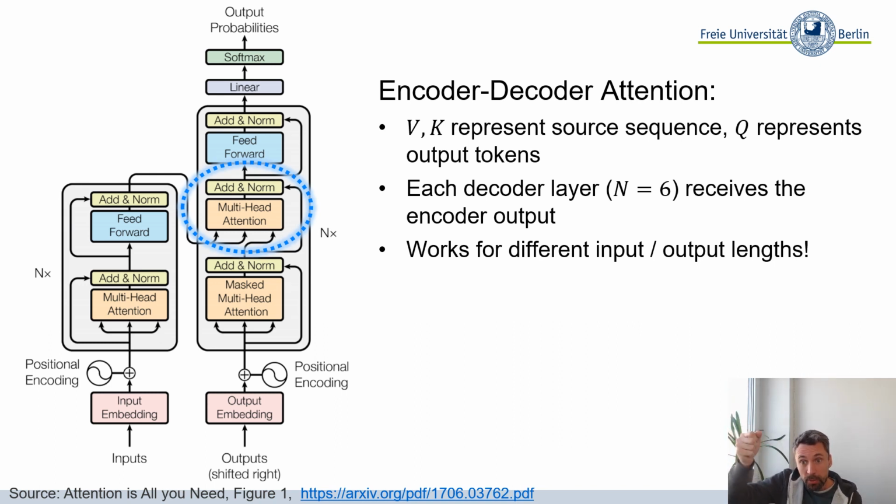So those inputs then determine, in the end, the output distribution. So this needs to work with different sequence lengths.